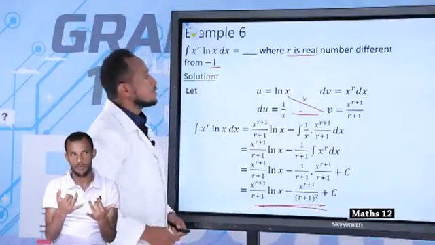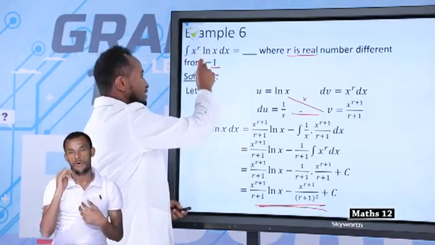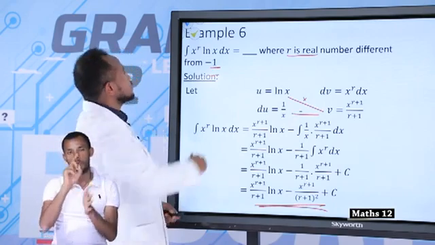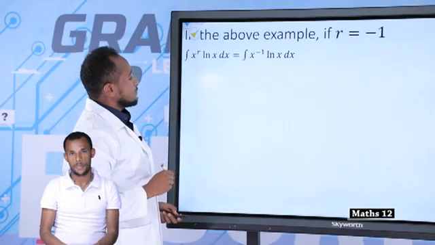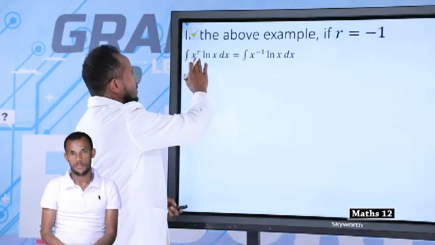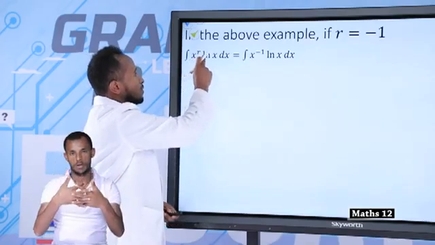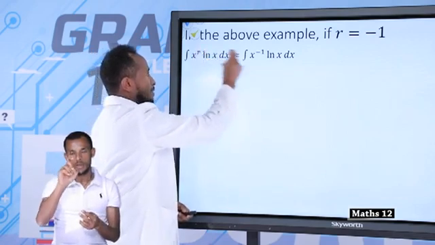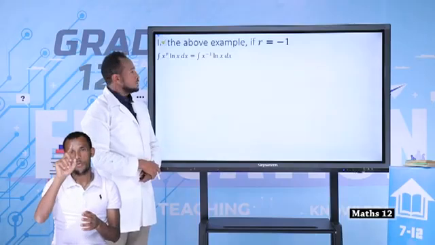Now, what would happen if r is -1? R is -1. So try to evaluate this integration. The integration of x to the power of r times ln x dx, for r equals -1, is the integral of x to the power of -1 ln x dx.